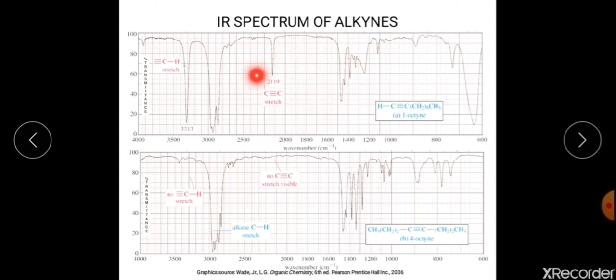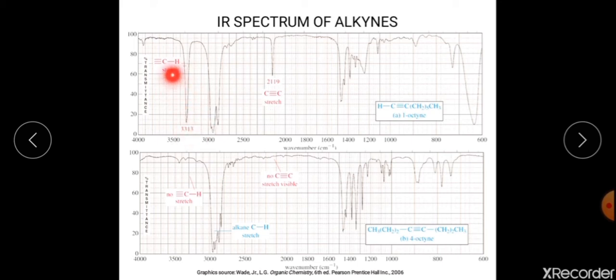This is the carbon triple bond carbon stretching vibration. Now we will have a triple bonded carbon that is attached to the hydrogen, so that will also have a stretching vibration. And this stretching vibration will particularly appear at 3313. It means this will appear higher in comparison to alkenes.